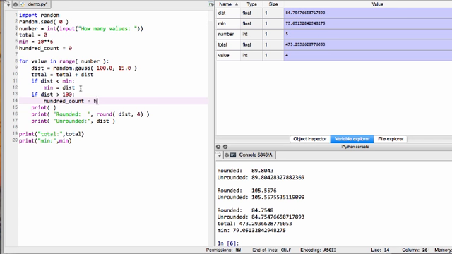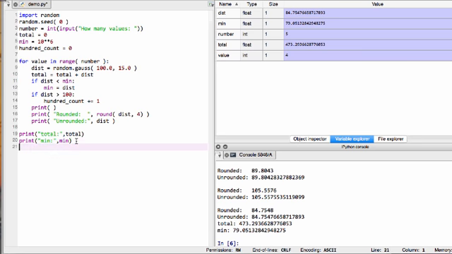Now I can do this as 100 count plus 1, but I'm lazy. And an equivalent way to do that, and you will get used to doing this, is plus equals 1, and that says I'm going to take the 100 count and add 1 onto it.